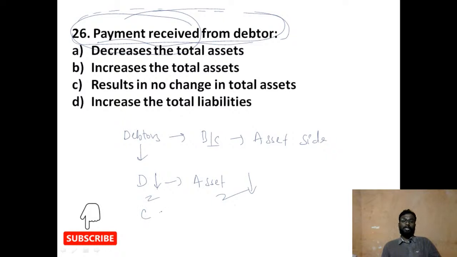We have received cash, so the cash will increase again. If cash increases, assets also increase. So here assets decreased, here assets increased. So the net result will be no change.